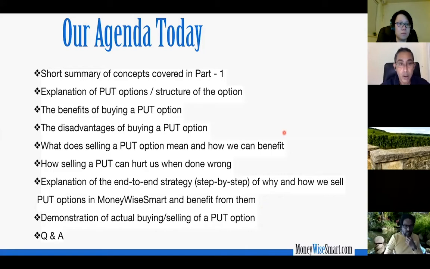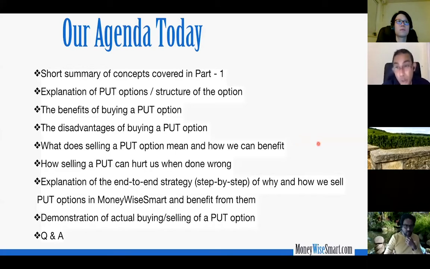We are going to see what selling a put option means. I mean, we have mostly been talking about buying options so far. We will also see what selling a put option means, and how selling an option can hurt us when it is done wrong.